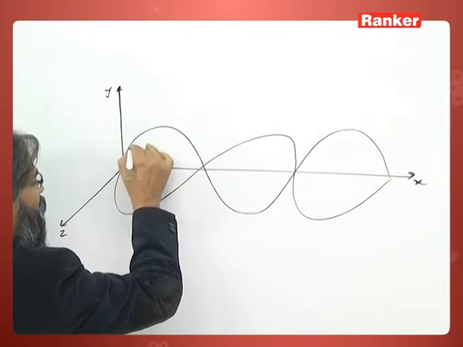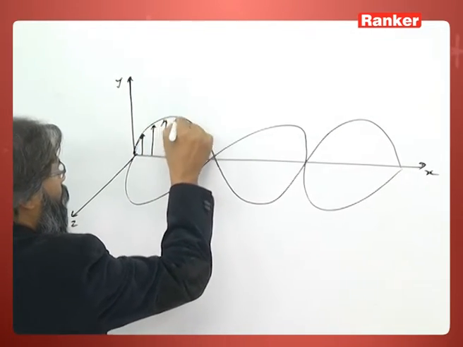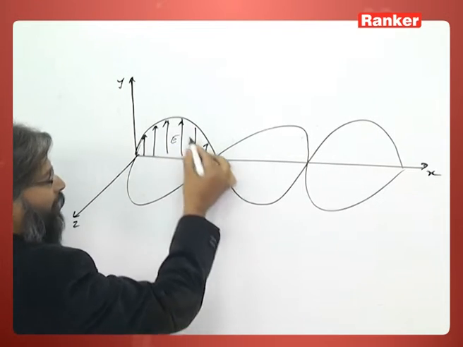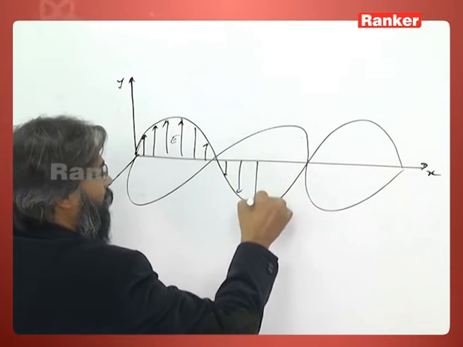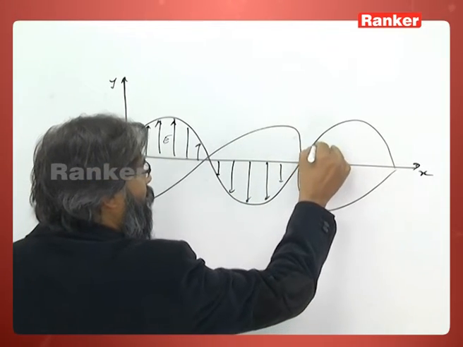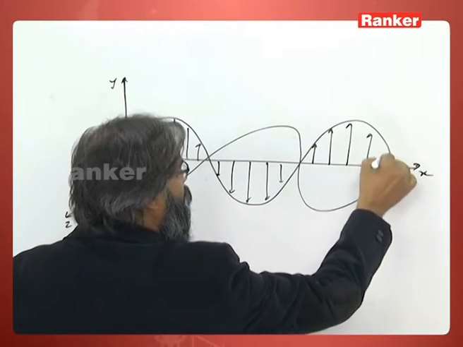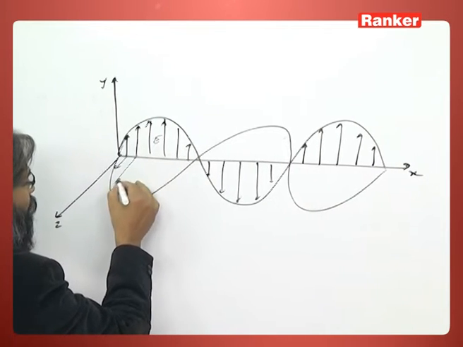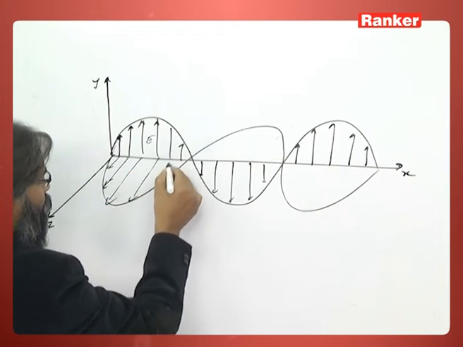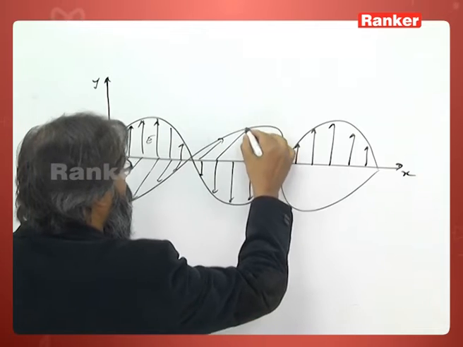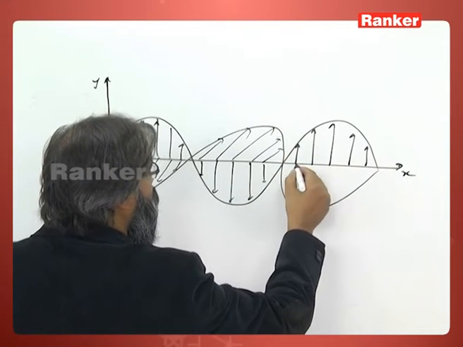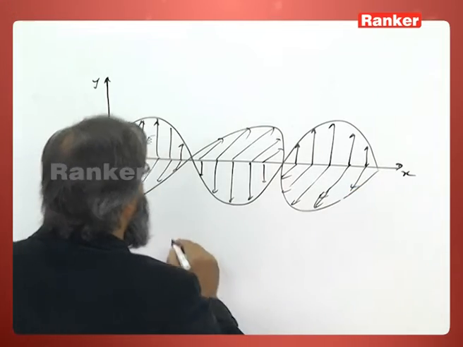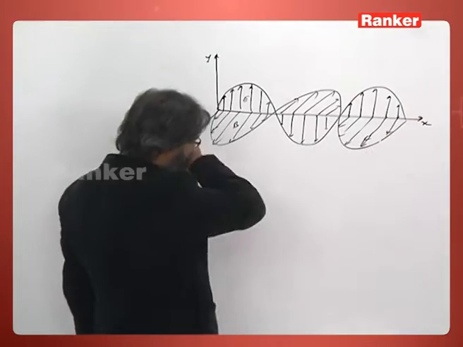Self-sustained means, you see, this is the E field, and E varies sinusoidally. A similar B field is also there.